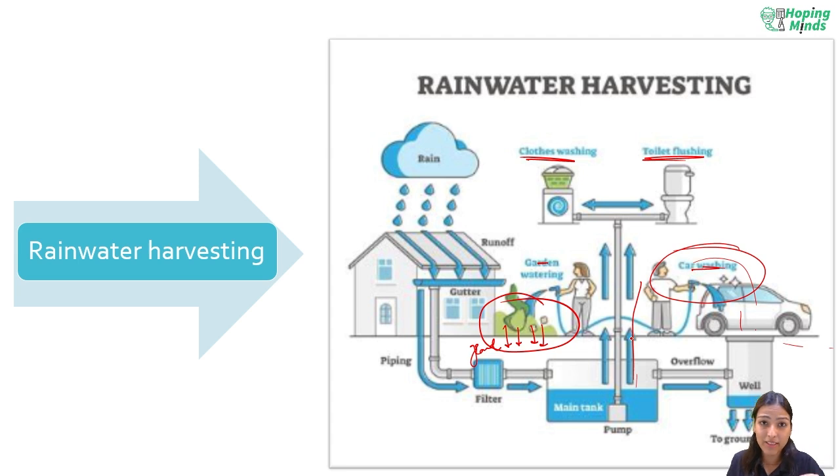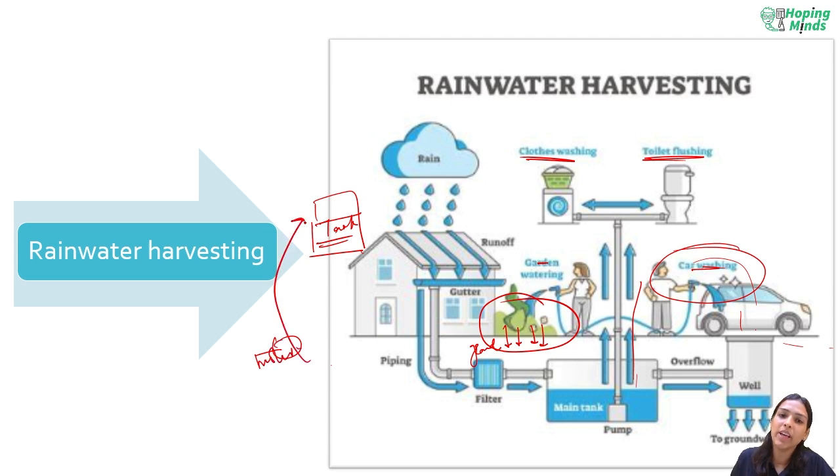Apart from that, the most beautiful thing about this setup is that when you have a tank, like a regular tank we have on the roof of our house, where we usually use a motor to take water in, when the water overflows, many of us have installed an alarm bell that rings and says that the tank is full, switch off the motor. The water overflows and it usually creates chaos on your terrace.